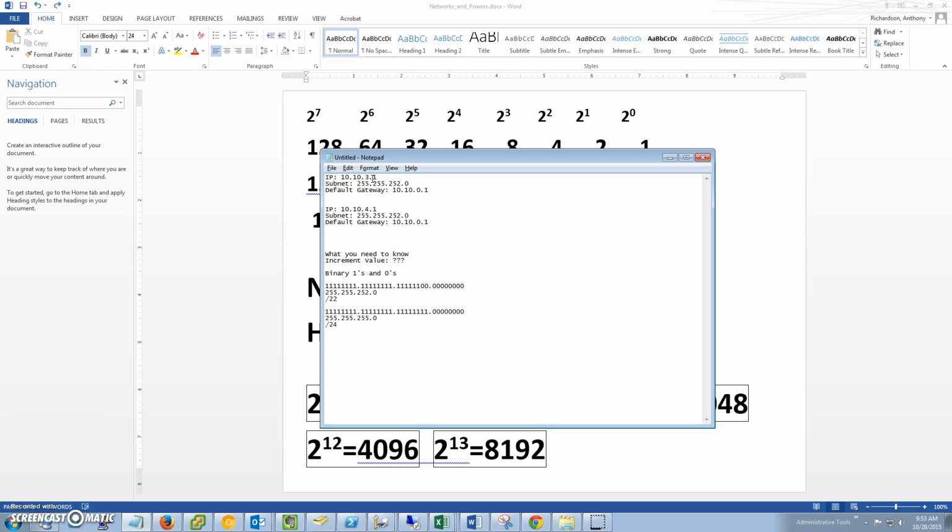You can't just arbitrarily assign an IP address and give it some arbitrary default gateway when you expect to communicate, because these have to be on the same network in order to communicate out, or for devices to communicate to it.